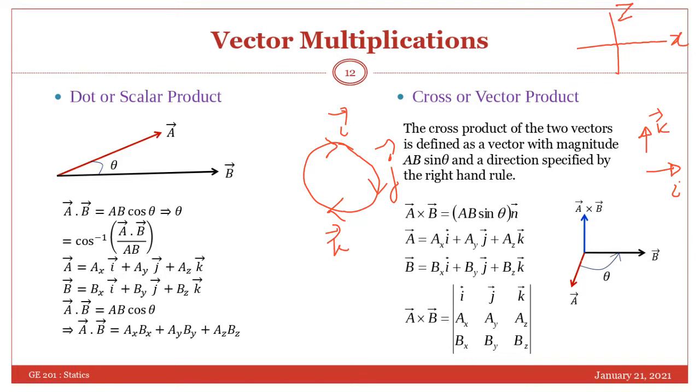Now you take your right hand, keeping this horizontal, and I cross K. I cross K will be minus J. So in this case, our positive y-axis is away from our face.